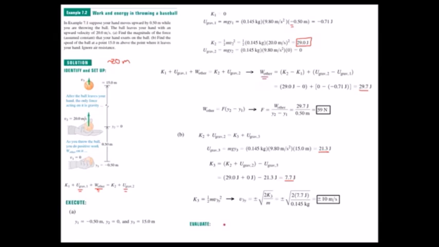If I just look at the percentage of kinetic energy to total energy, that's going to be about 7.7 divided by the total energy, which is 29 joules, and this is about 25%. So only about 25% of the kinetic energy is left at this point, which is what is expected. And this ends example 7.2.